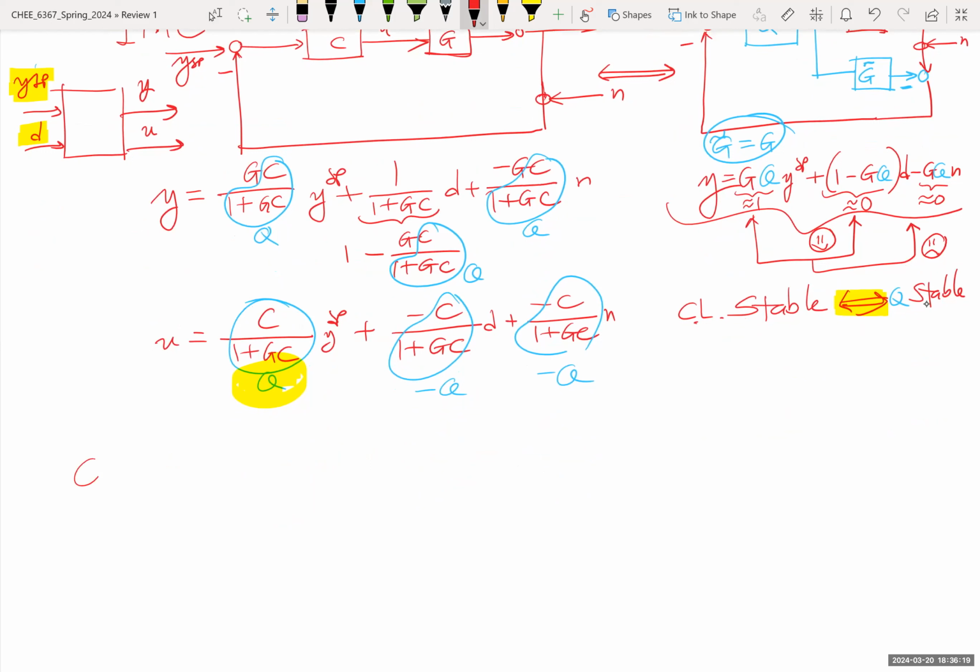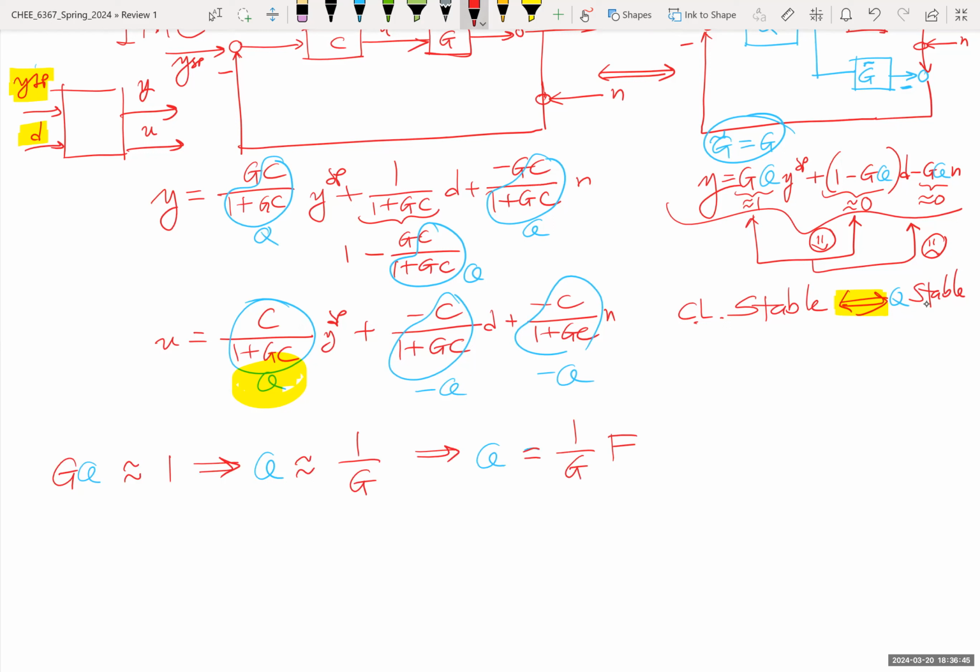Which means if GQ must be approximately 1, that means Q must be approximately 1 over G, so let's try Q equal to 1 over G times F. Of course, Q must be stable, so this must be stable. If it is stable, good, everything is okay.